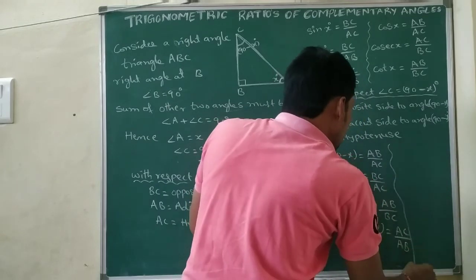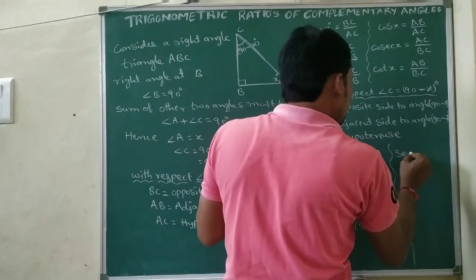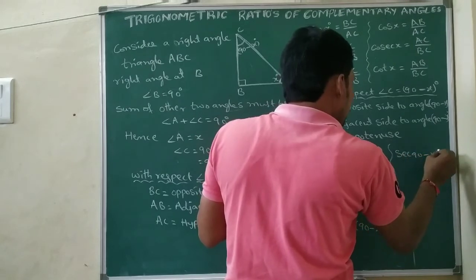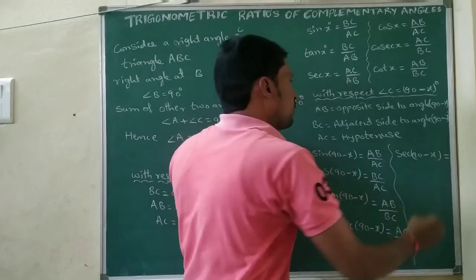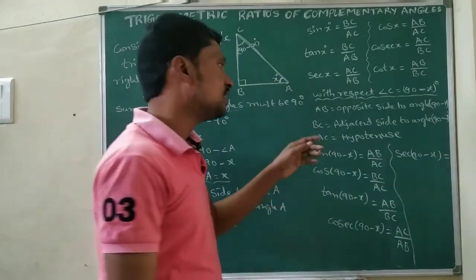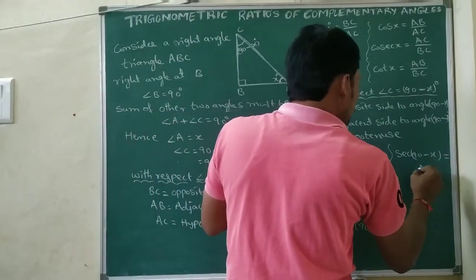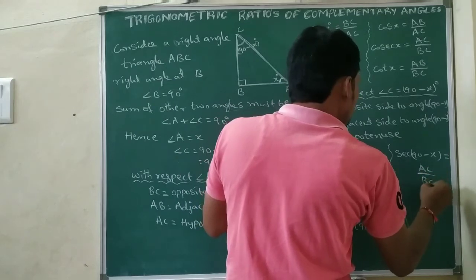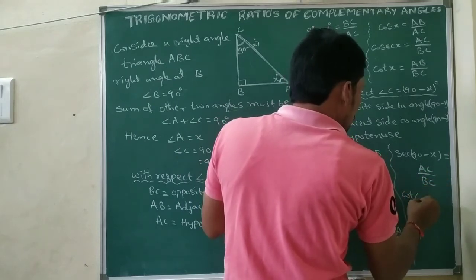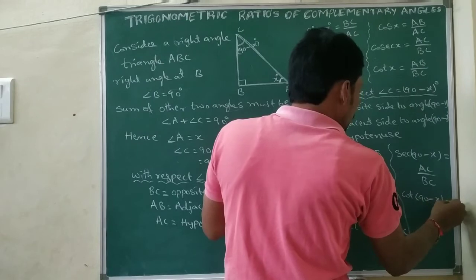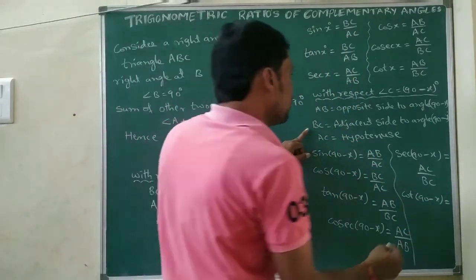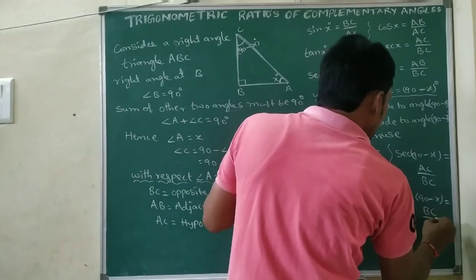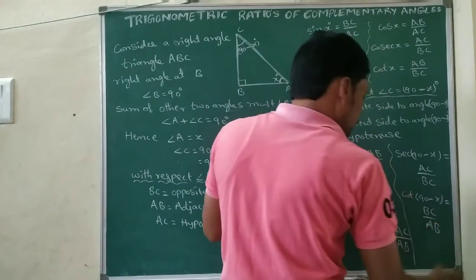Next I am taking sec 90 minus x. Sec means hypotenuse by adjacent. Hypotenuse is AC by BC. Next cot 90 minus x. Cot is adjacent by opposite. Adjacent is BC by AB.